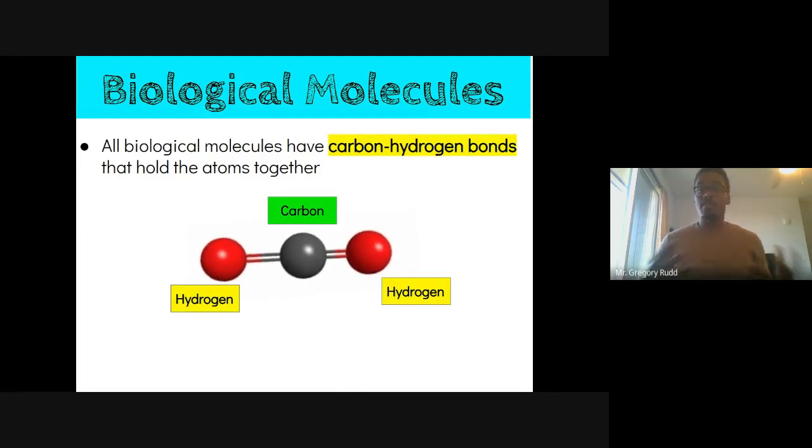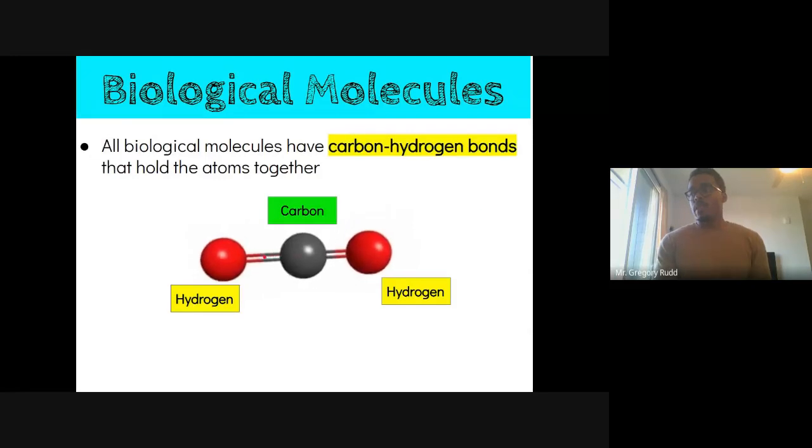Two of the most important elements to life and two of the most common elements that we see in all life forms are carbon and hydrogen. And all of the 4 biological molecules that we will introduce today have carbon-hydrogen bonds that hold their atoms together.